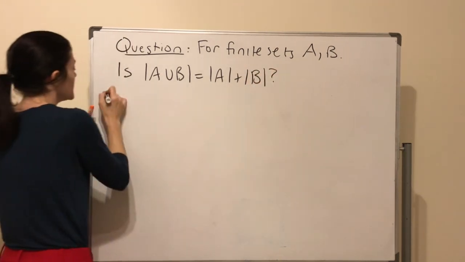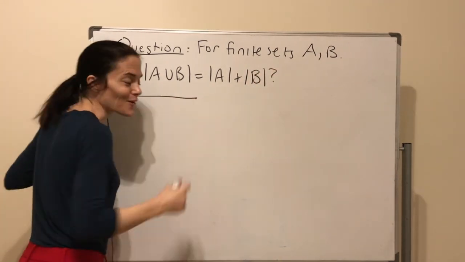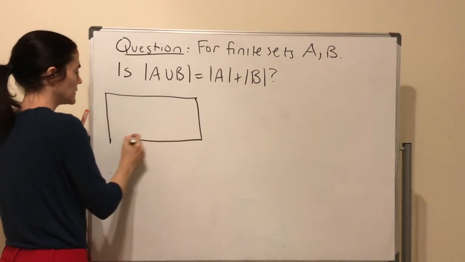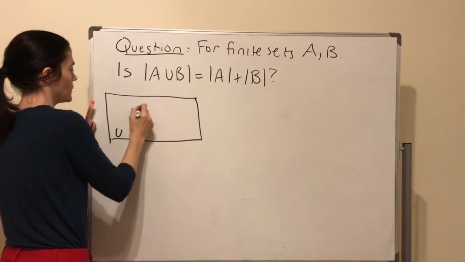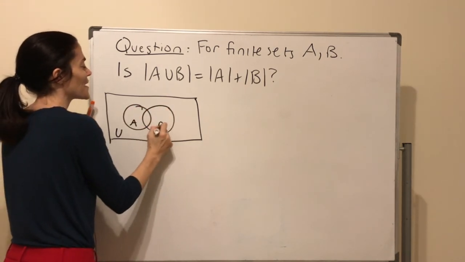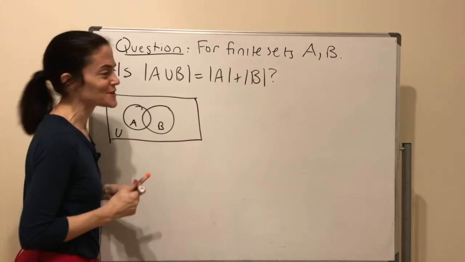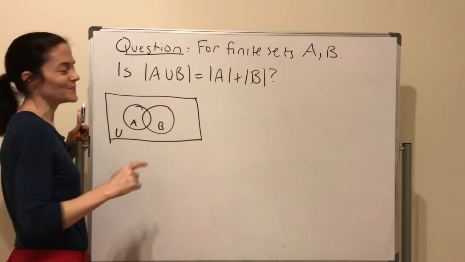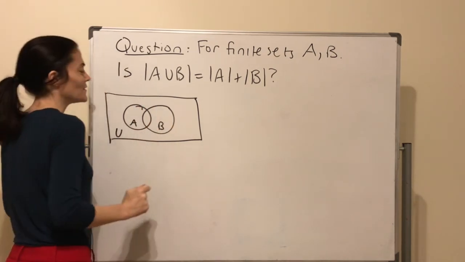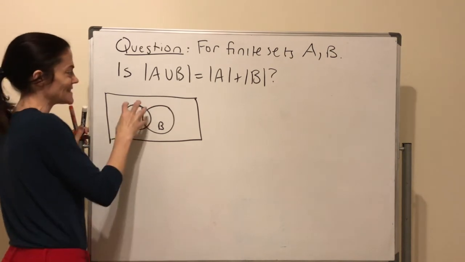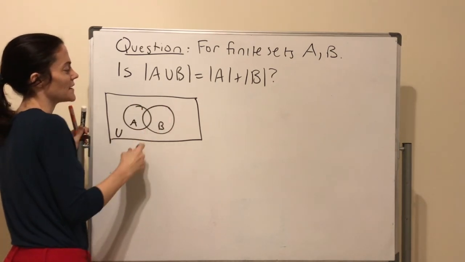Okay. You might know the answer already just by thinking about some examples we've done. But if we think in terms of Venn diagrams, which is how I would think about this question, we think of A occupying this circle, B occupying this circle, and if we think about just adding, now we have finite sets, add everything in here, add everything in here.